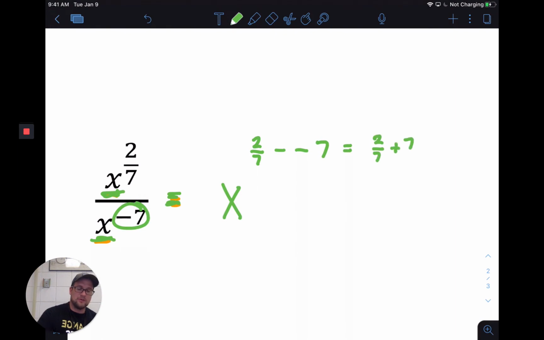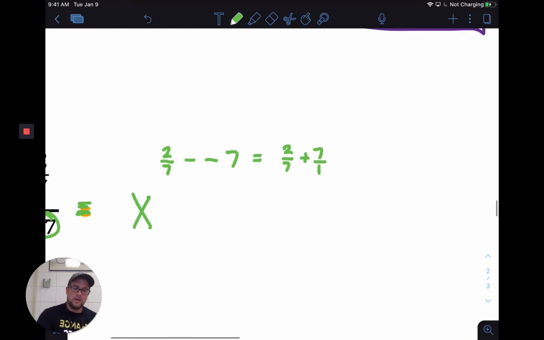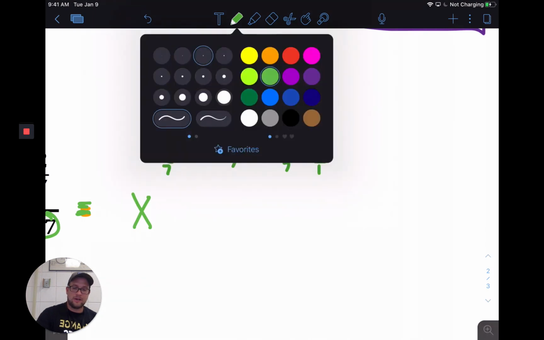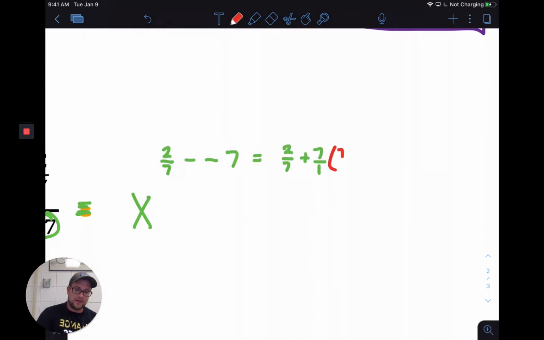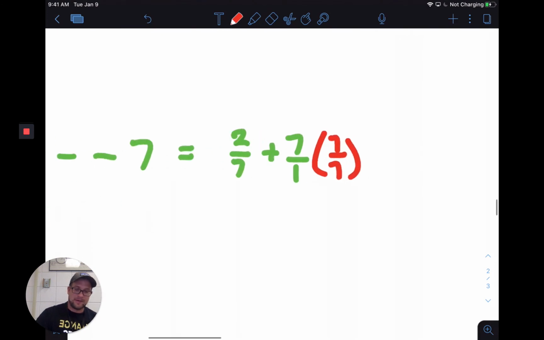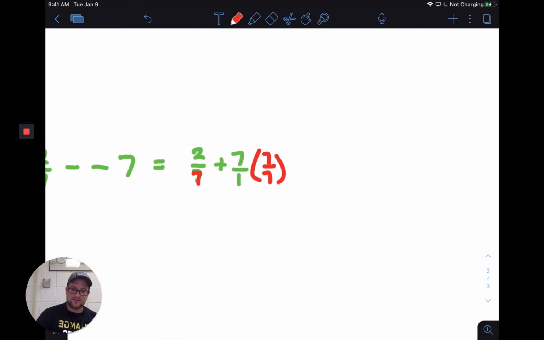plus 7. Since we're trying to add with a fraction, let's get a common denominator. So if I put 7 over 1, my common denominator would be 7. So I'll multiply by 7 and by 7. And this already has our 7 as a common denominator, so that will be good.